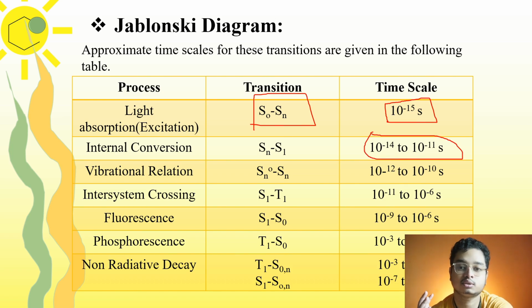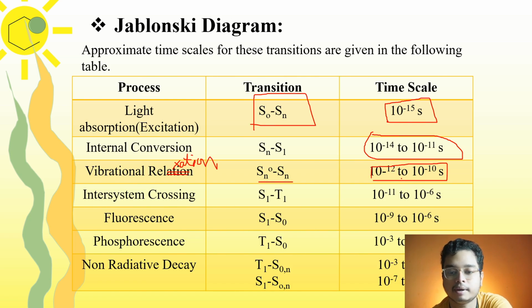So you can see that very little time is required for this type of transition. Then comes vibrational relaxation. Vibrational relaxation is within the same electronic state, the singlet state, from a higher vibrational energy level to a lower vibrational energy level. It takes 10 to the power minus 12 to 10 to the power minus 10 seconds.